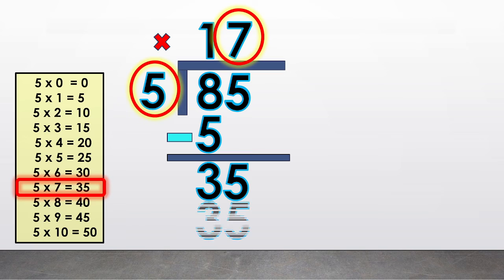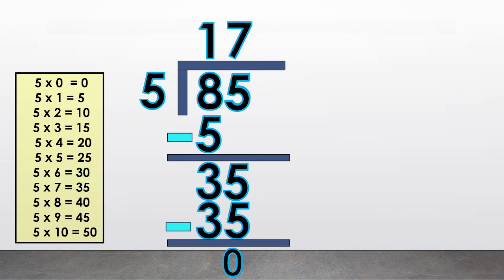We write 35 below the 35. Now, we subtract 35 minus 35 equals 0. Since we are not left with any digits of the dividend to drop down, we are finished. So, the quotient is 17.